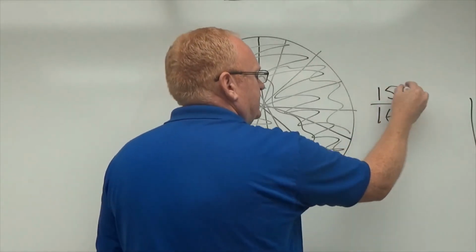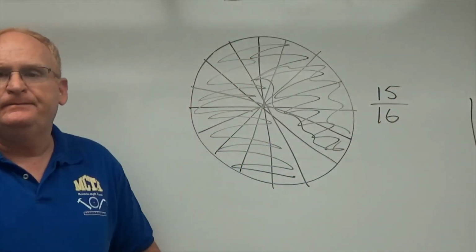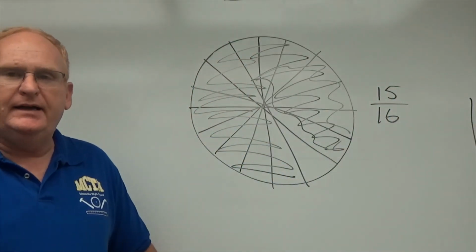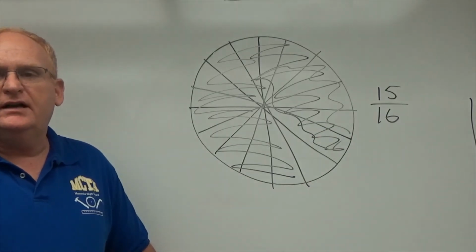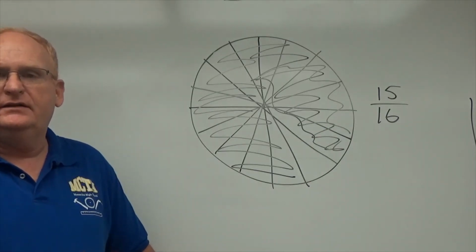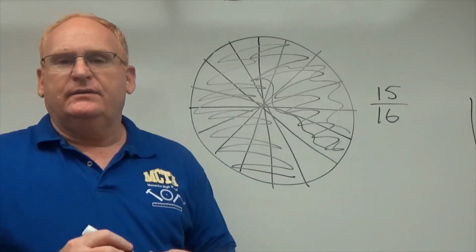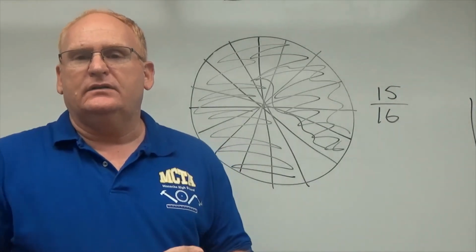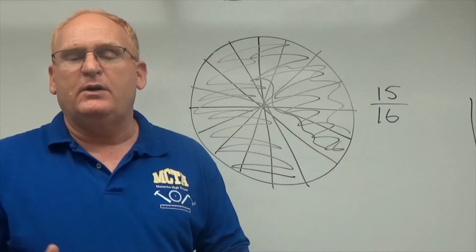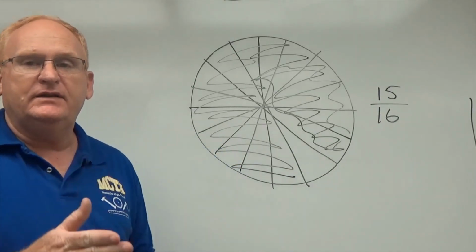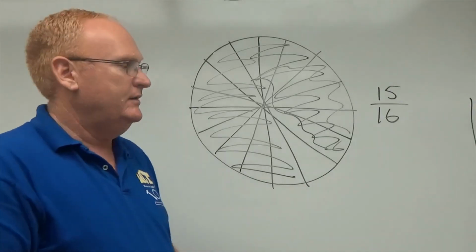You ate 15/16 of that pizza. Okay? This also works for pie and cake, as long as you're cutting it in halves, keep halving it. If you've ever tried to cut a pie or cake into an odd number of slices, it doesn't work. Someone always gets a little bit bigger or a little bit smaller piece. It's very hard to do. But even numbers, you should be able to hit pretty good.